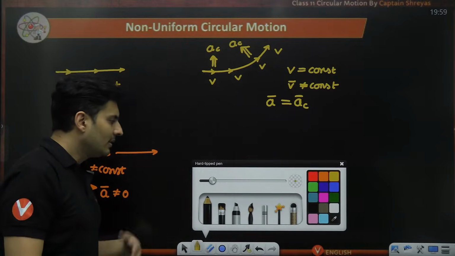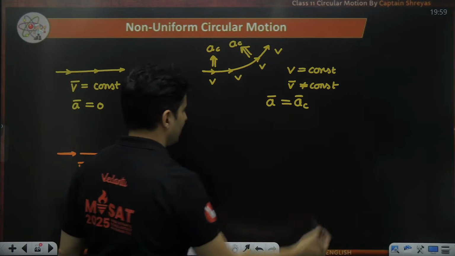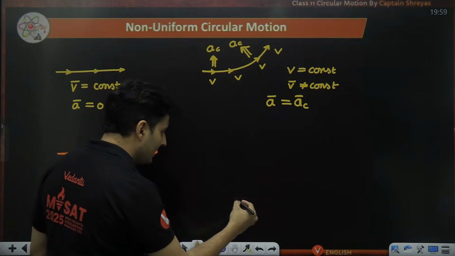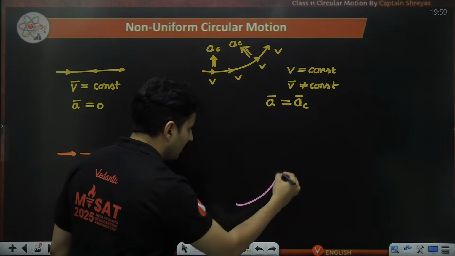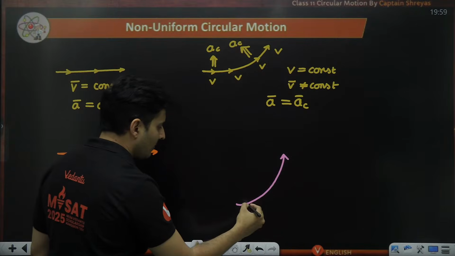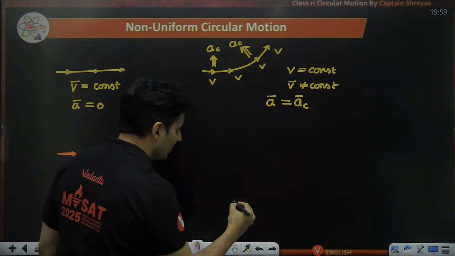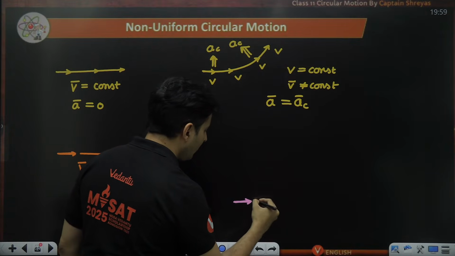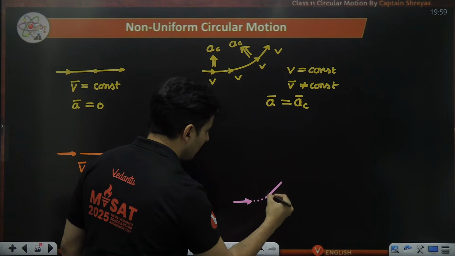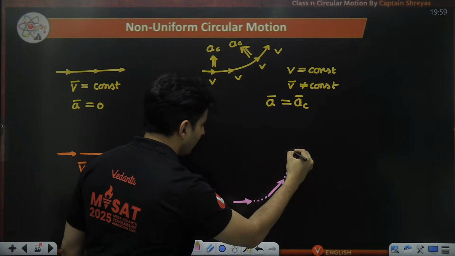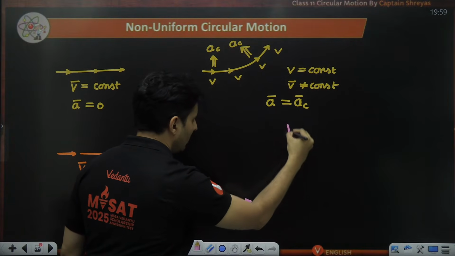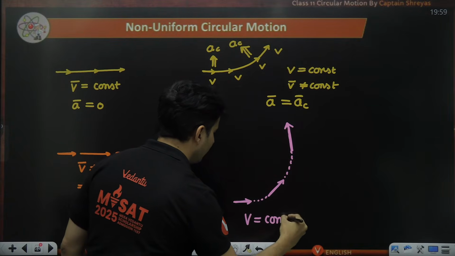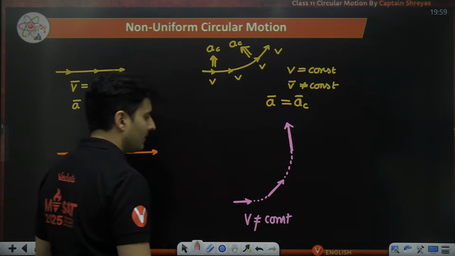Now comes the worst of the worst case. What is that worst case, guys? Imagine you are going in a circular path, changing direction, but your speed is not constant. After some time your velocity is even more. Then what do you think will happen? Your speed itself is not constant.